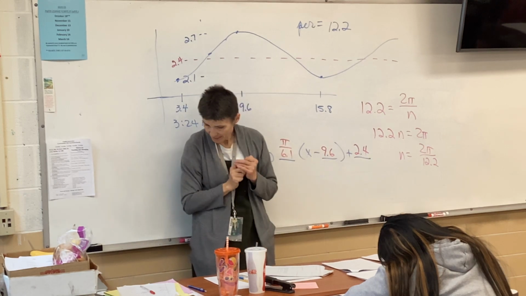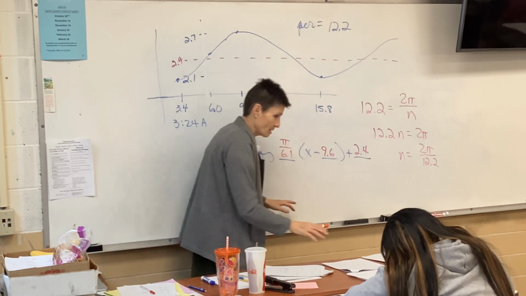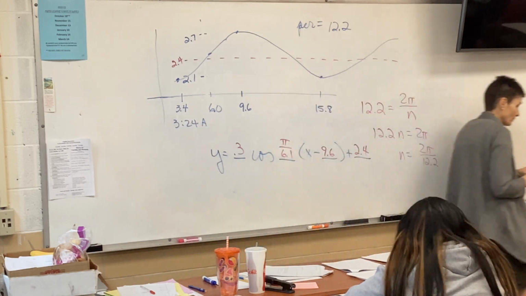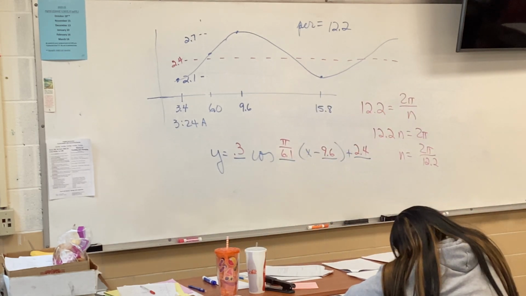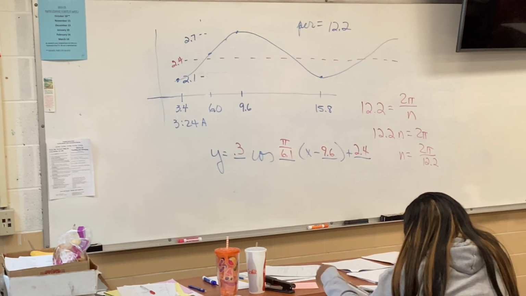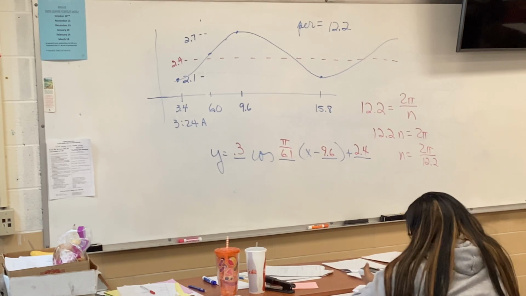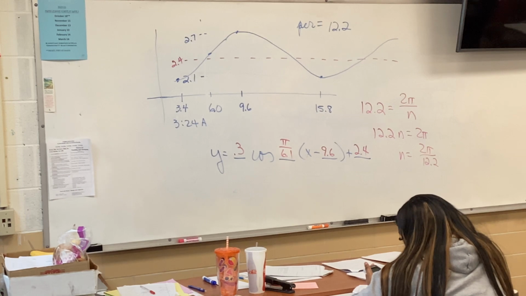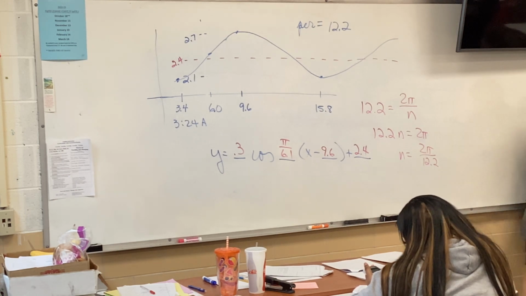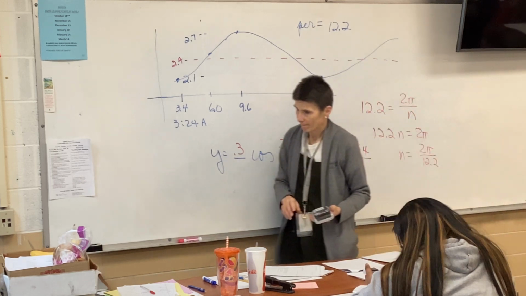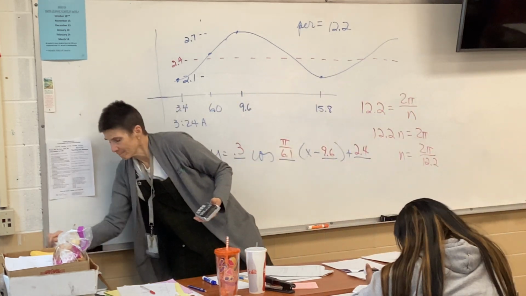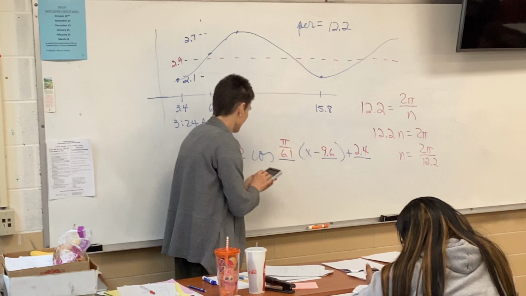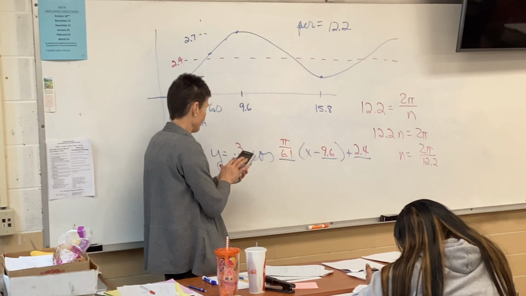I cannot find my calculator. So let me work for it here. Go ahead and put in 6 into that equation. Make sure that you are set in radians. Okay? Be sure that you are set in radians. So radians, yep.